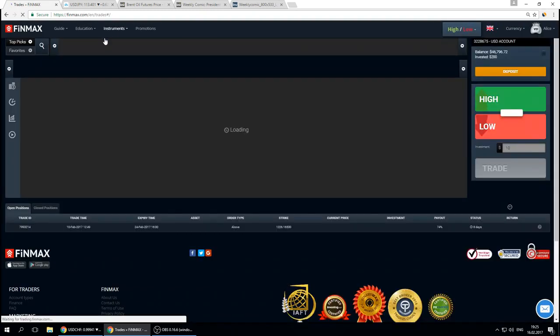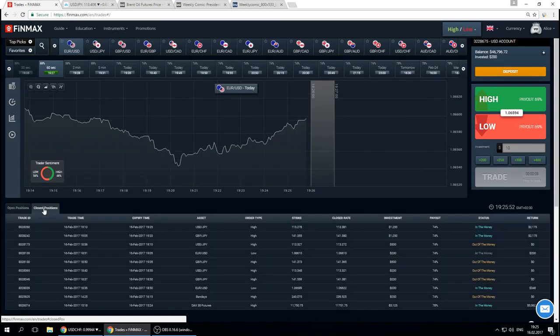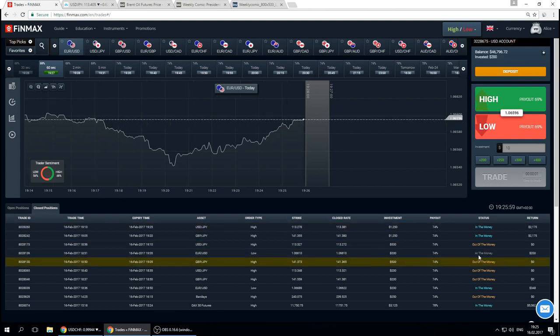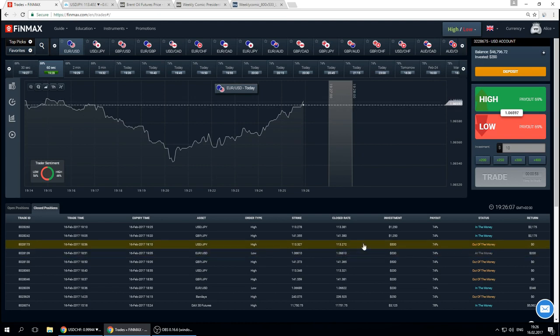So what we did today, we traded against the Japanese yen. We traded on the British pound and American dollar. So let's see. This trade closed at the money. It means that the strike price and the closing rate were the same.